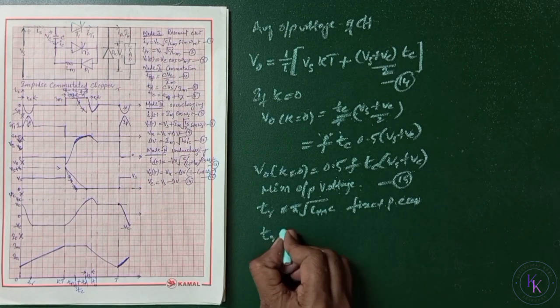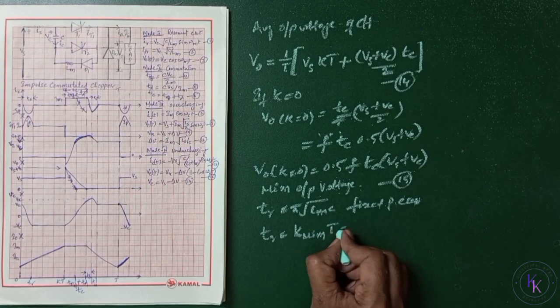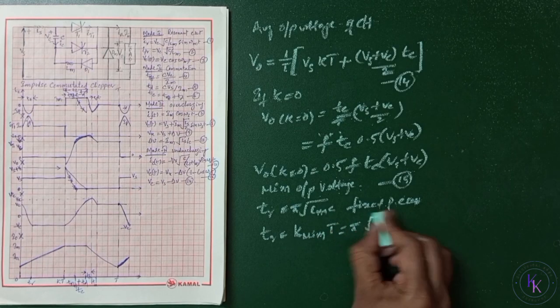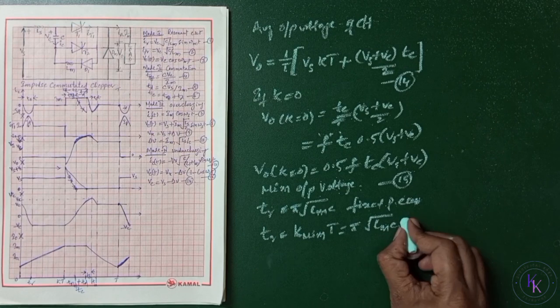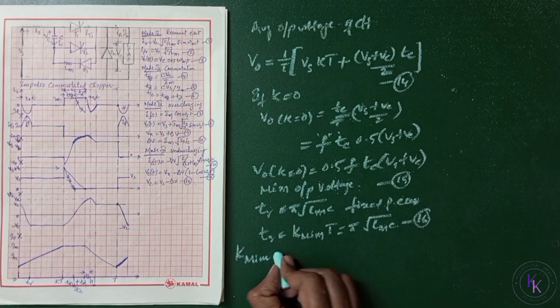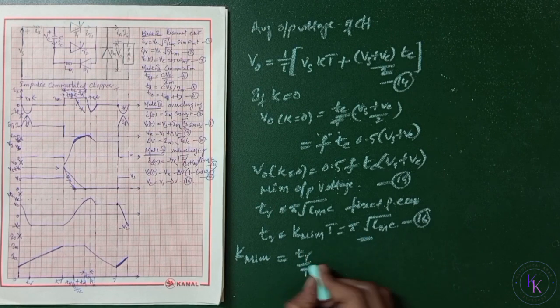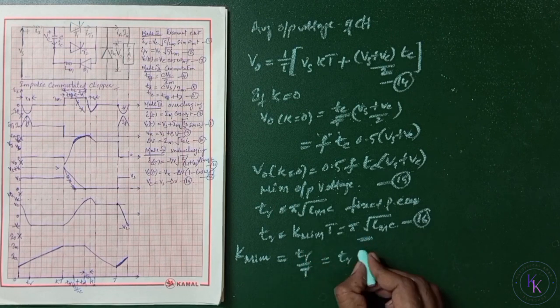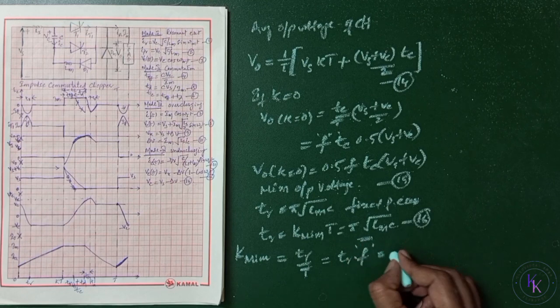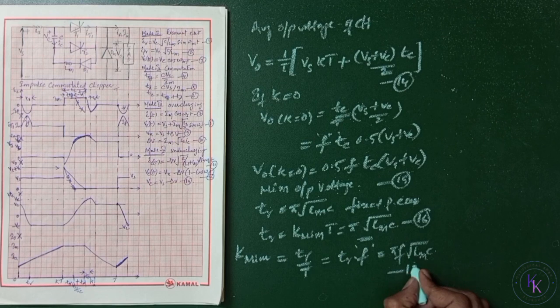So Tr equals K minimum times capital T, that equals pi square root of Lm C. Equation number 16. The minimum duty cycle, K minimum, equals Tr divided by capital T, that equals Tr f, which you can write as pi f square root of Lm C. This is equation number 17.